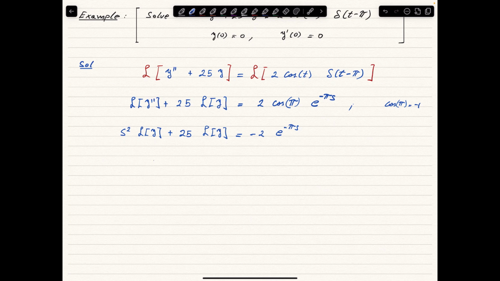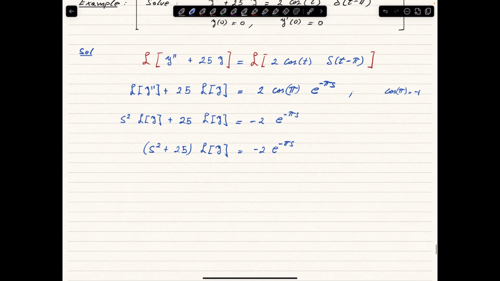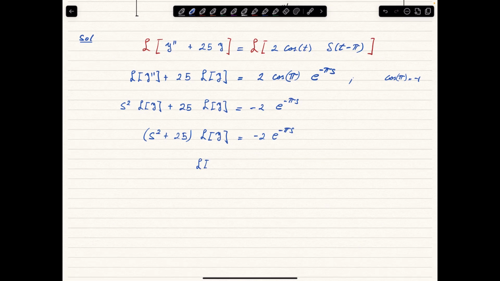So we can pull common factor from the first two terms, the Laplace transform of y, and this is what we get, and over here we have -2 exponential minus pi s. So we computed the Laplace transform of the solution we are looking for, which is exponential minus pi s times -2 over s squared plus, let's write it down as 5 squared.